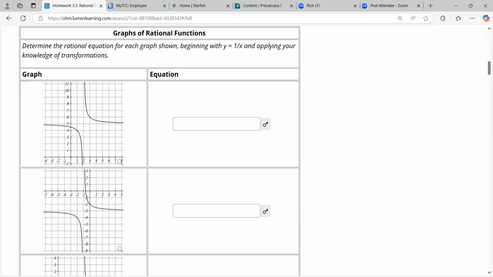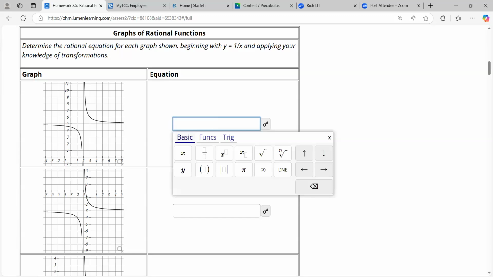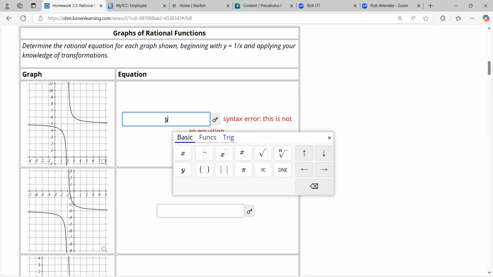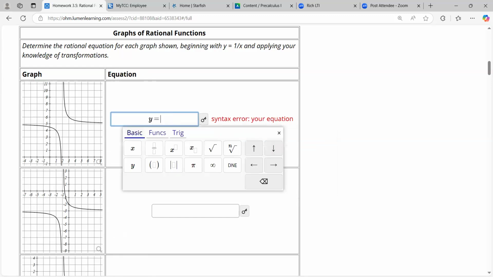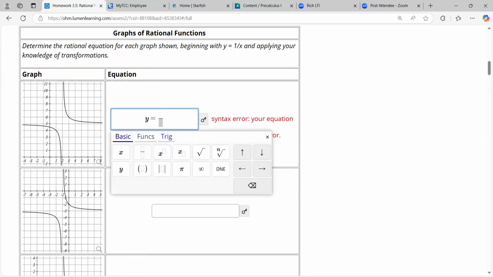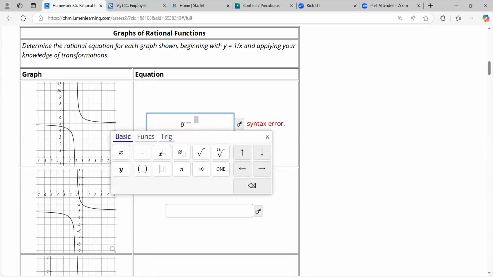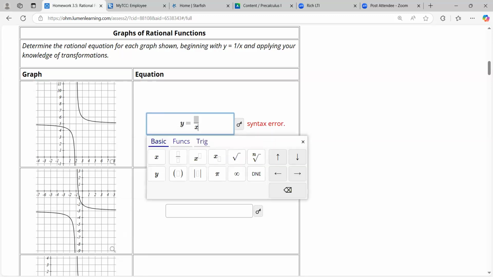2, 5. So that means we move the mother function to the right 2 units and then go up 5 units. So I should enter the equation. It's a function y equals 1 over, since we move to the right 2 units, so x minus 2, very important, minus 2.